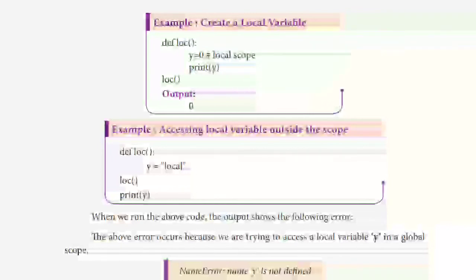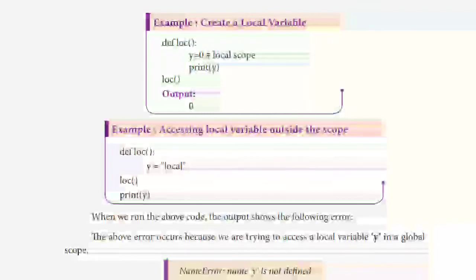You can see in the next one, def loc, y is equal to local, and loc is called, and after finishing the function, they are trying to print the value of y.